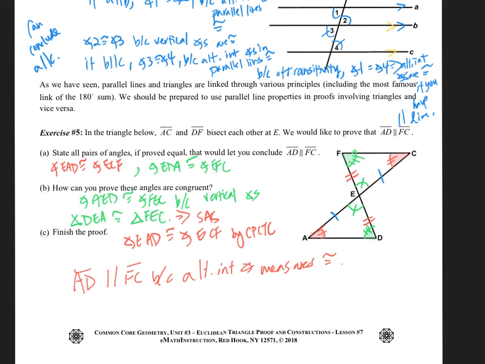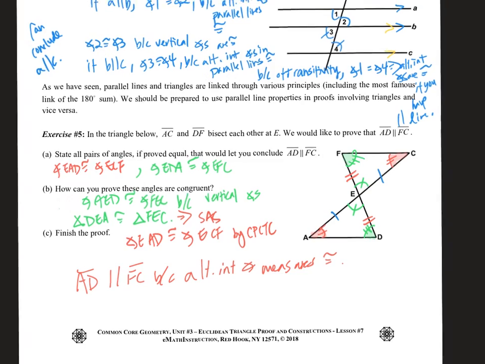And we know that we can prove two lines are parallel as long as any given pair of alternate interior angles is congruent. And we know that the other pair of alternate interior angles that we had going on here, angle EDA and angle EFC, were also going to be congruent based on the same criteria, CPCTC.